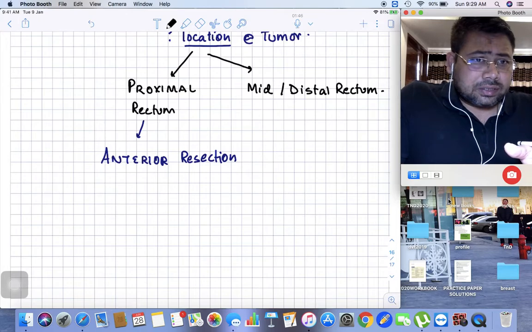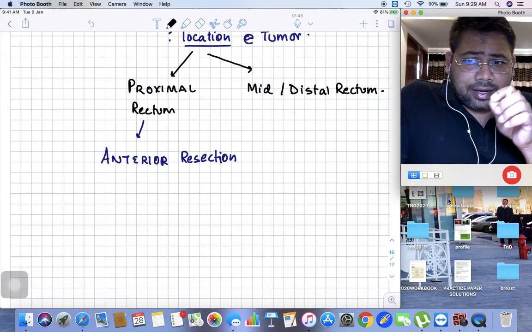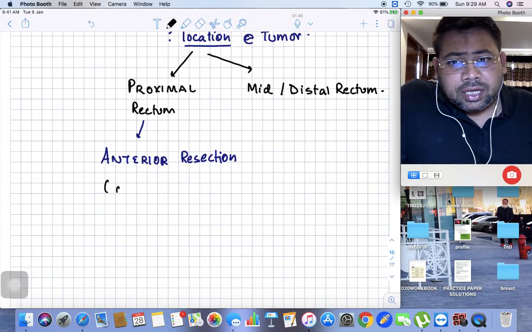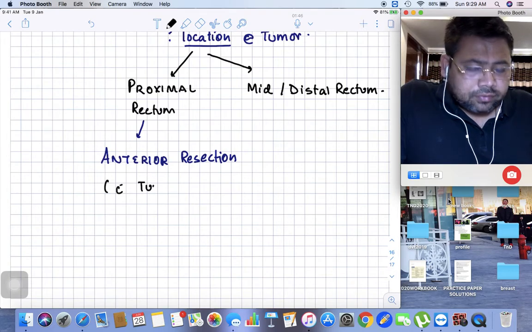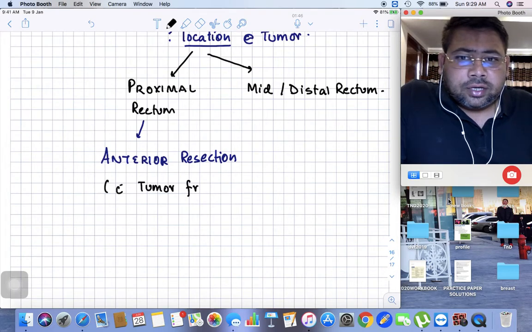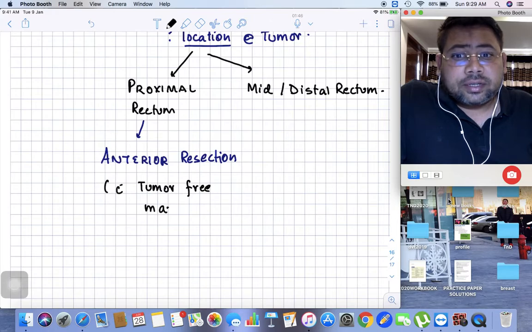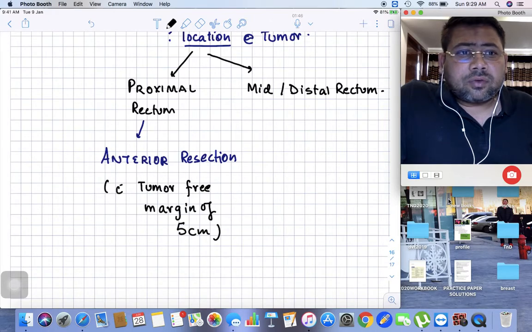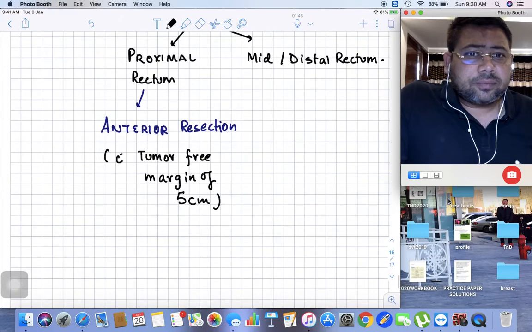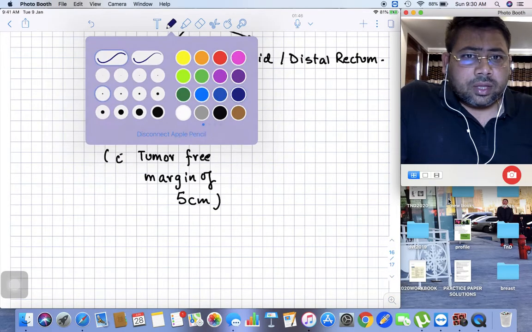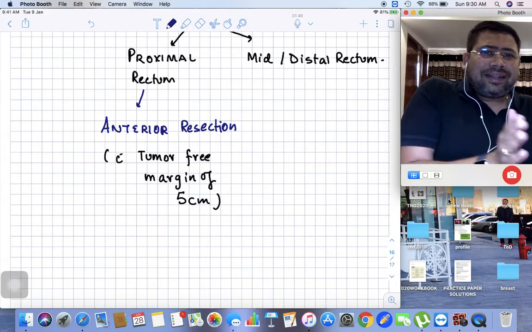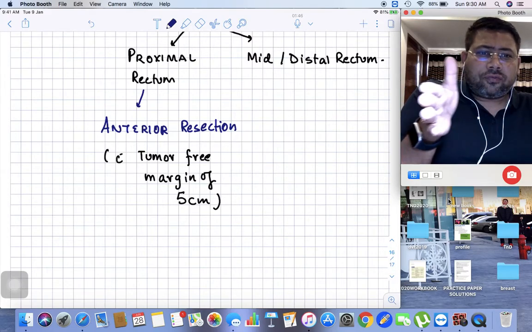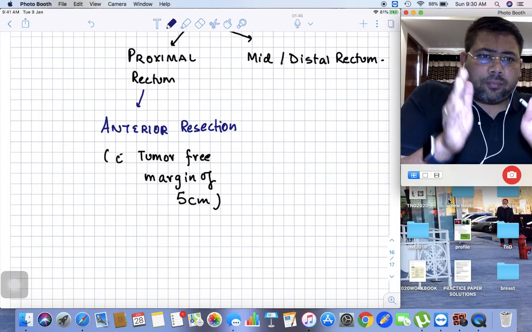But the difference between AR and LAR is that in AR we keep a tumor-free margin of 5 centimeters. A healthy margin of at least 5 centimeters is required. But if you go to the mid and distal rectum, you cannot take a margin of 5 centimeters, so you compromise with the margin.